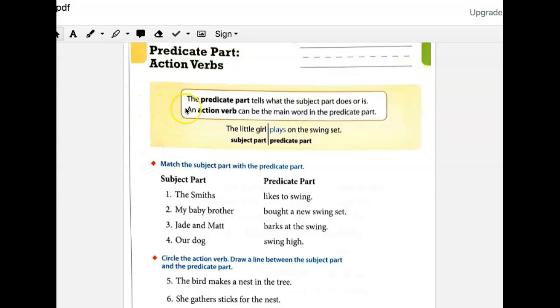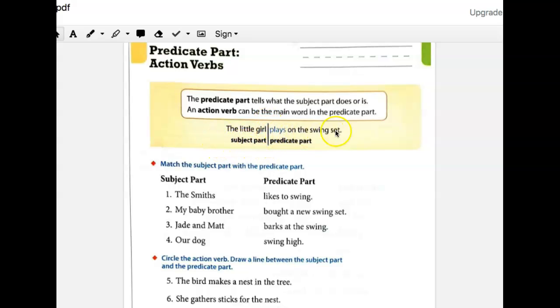Today, we reviewed that the predicate part tells what the subject part does or is. We also learned that an action verb can be the main word in the predicate part. So for example, the little girl plays on the swing set. The sentence is about the little girl, so little girl is the subject part.